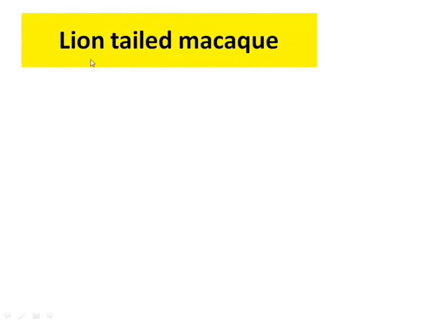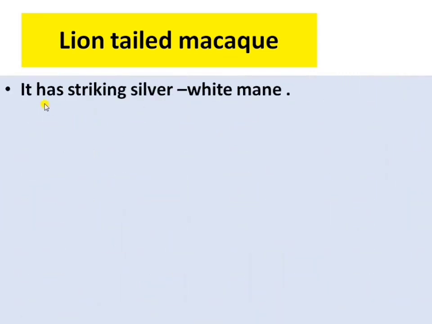Next is the lion-tailed macaque. The lion-tailed macaque has a striking silver-white mane that surrounds the head from the cheeks down to the chin. It is also known as the beard ape.